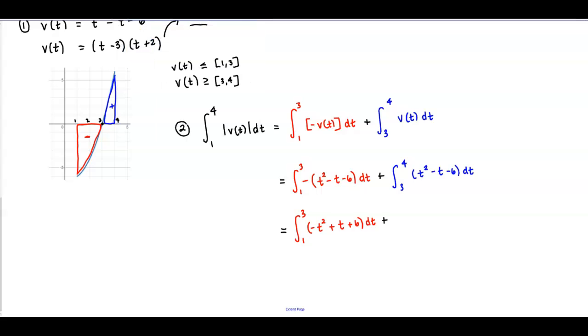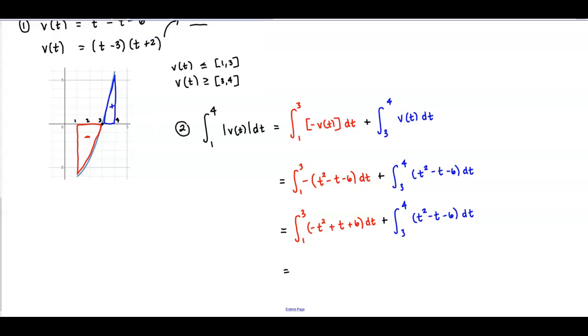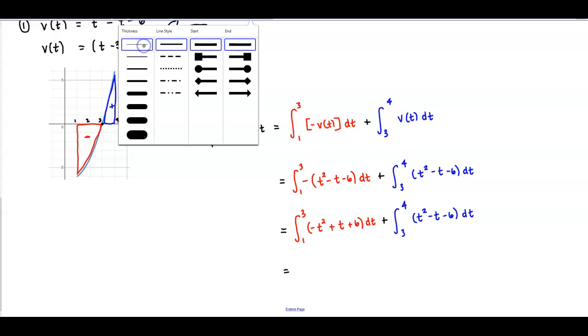and then plus the integral that goes from 3 to 4 of t squared minus t minus 6 dt. Now let's evaluate our integrals and take the antiderivative.